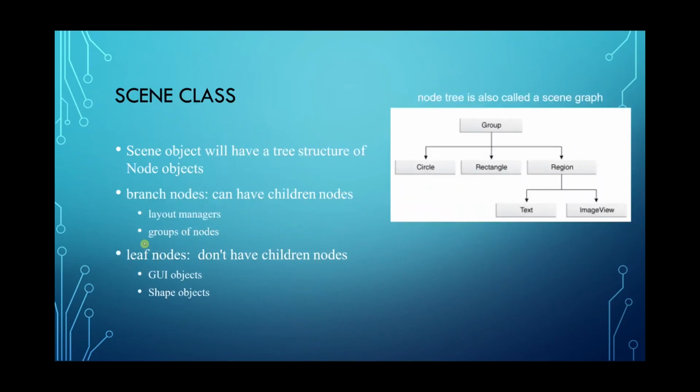So the scene object will be a tree structure of node objects. Branch nodes can have children nodes, like layout managers, a group of nodes. Leaf nodes should be some kind of GUI objects or shape objects because they don't have children.